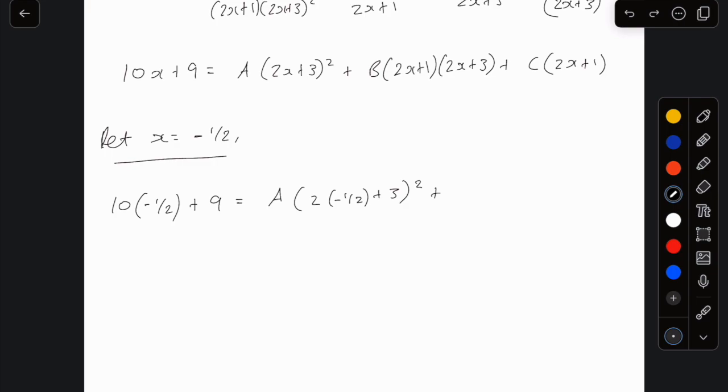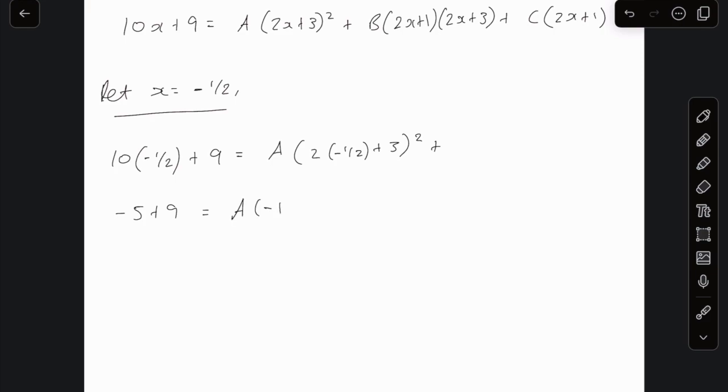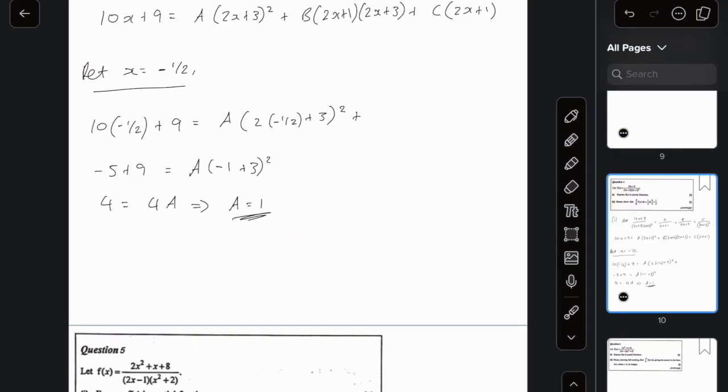So we get negative 5 plus 9 equals A(negative 1 plus 3) squared, which gives me 4 is equal to 4A, which therefore tells me that A is going to equal 1. Okay, so we got A.